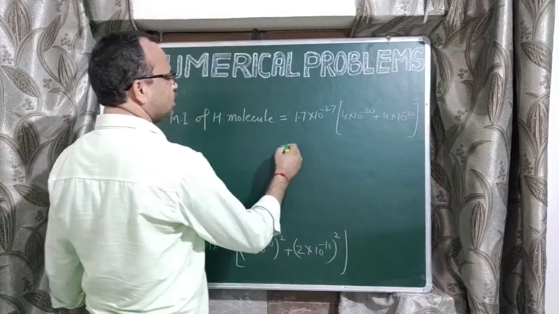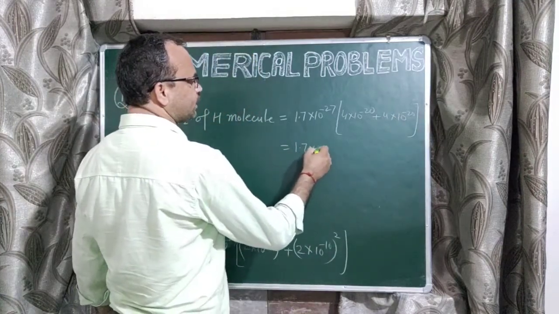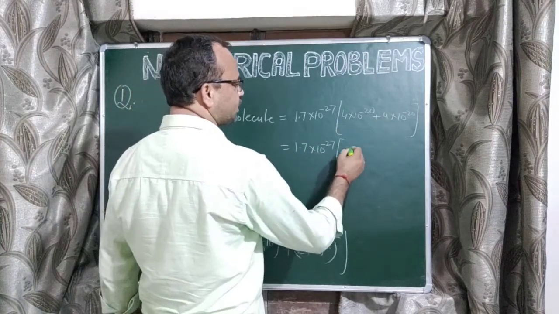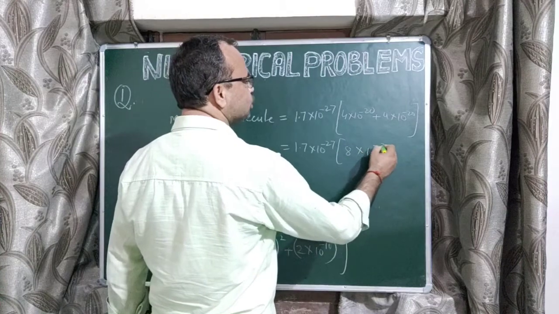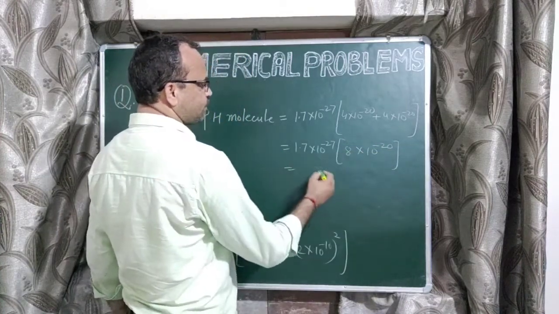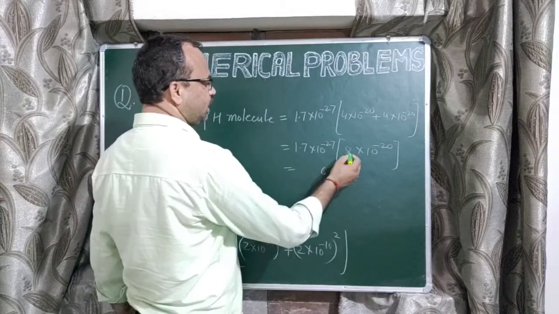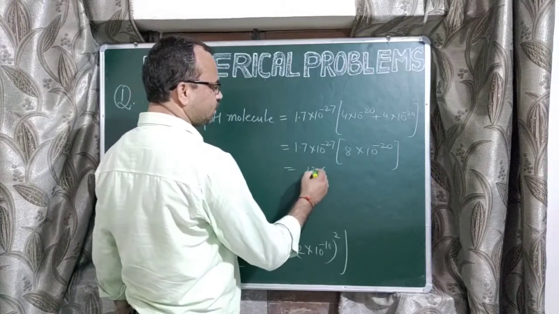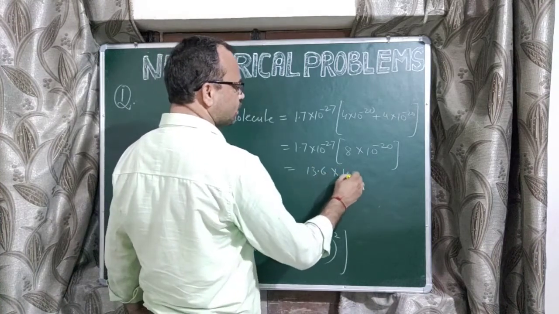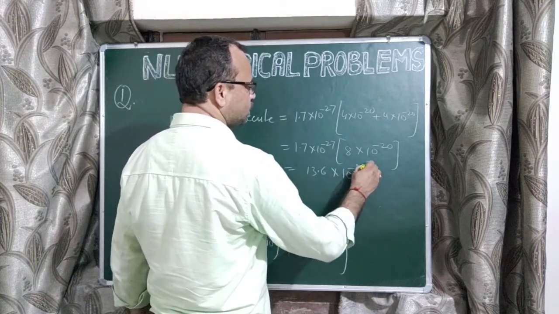Now 1.7 into 10 to the power minus 27, 4 plus 4 means 8 into 10 to the power minus 20. 8 sevens are 56, 5, 8 ones are 8, 5 plus 8 makes 13, so 13.6 into 10 to the power minus 47.